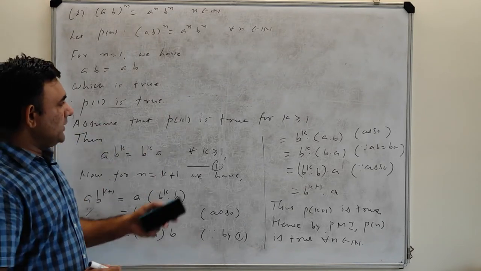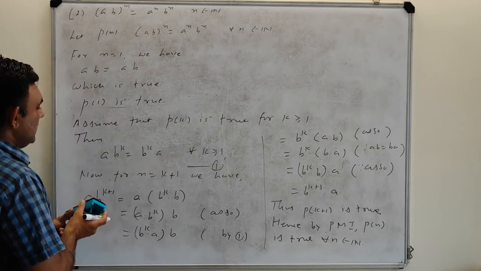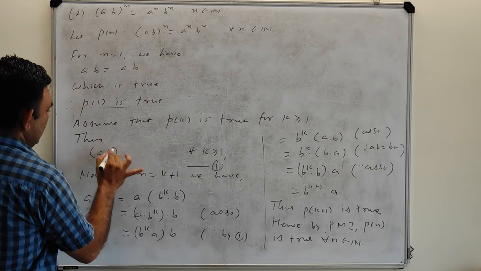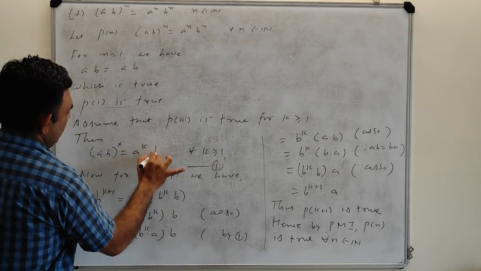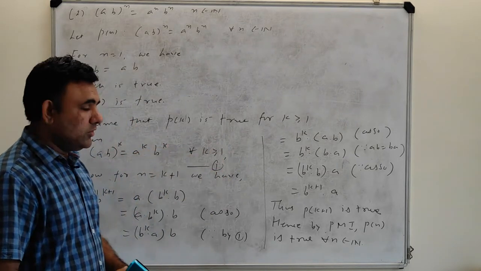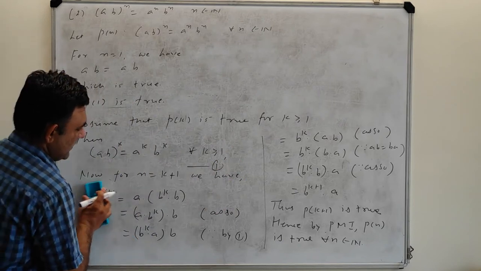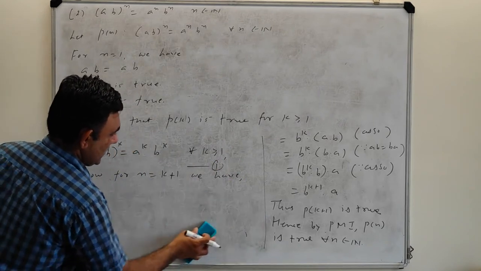Now assume that Pk is true for k greater than or equal to 1. So what I have? AB raised to k is equal to A raised to k, B raised to k for all k greater than or equal to 1. So now for n equal to k plus 1, what we have. So let us see.